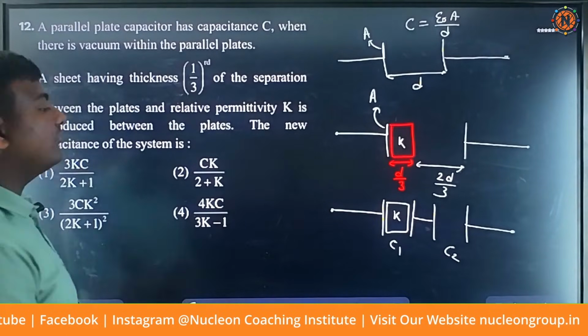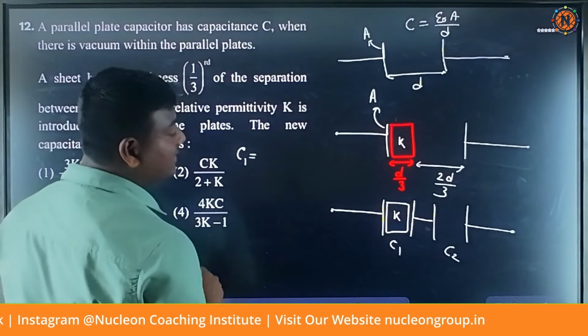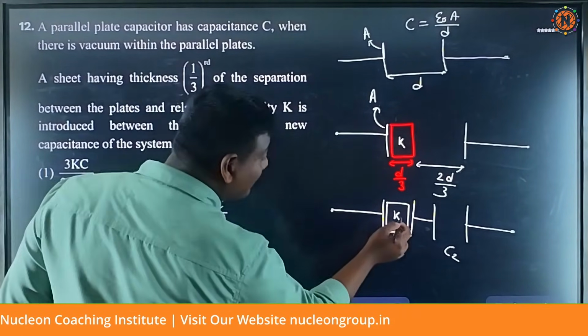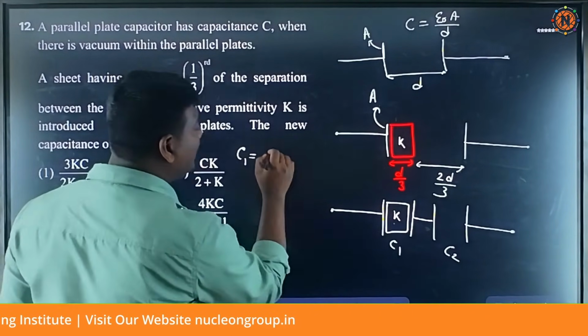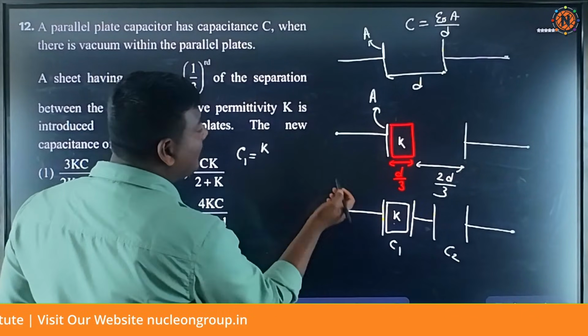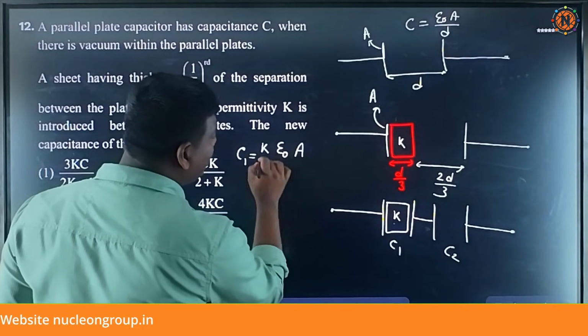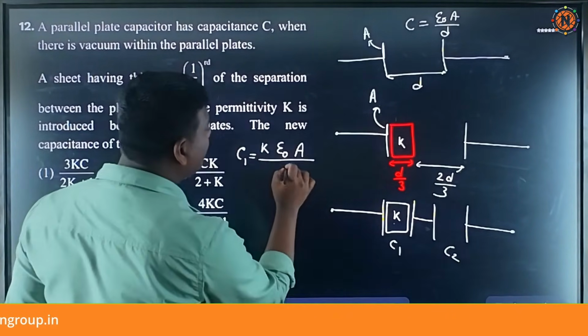Now first find the value of C1. C1 will be, since the dielectric is there, whatever the capacitance is, K will be multiplied. Now you can apply the parallel plate capacitor formula: epsilon naught, area is A, and this distance of separation is D by 3.